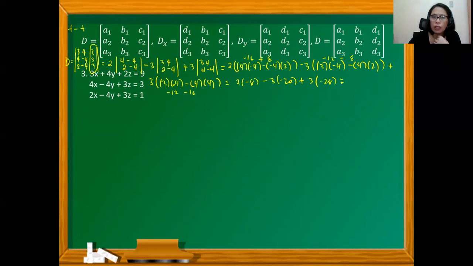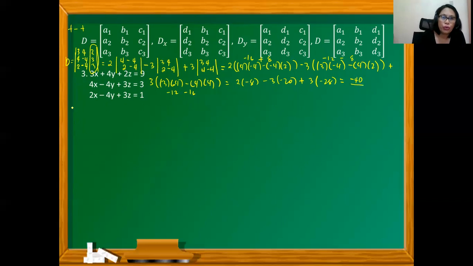So our d is equal to the product of 2 and negative 8 plus the product of negative 3 and negative 20 plus 3 times negative 28. And that equals negative 40. So this is our d.